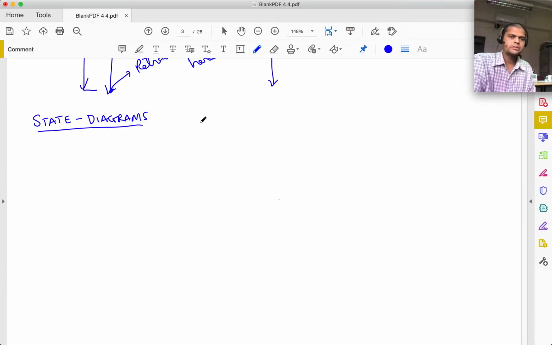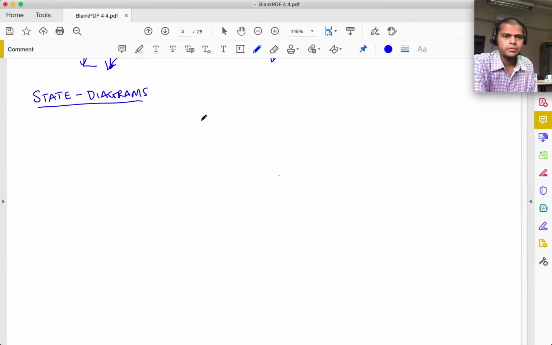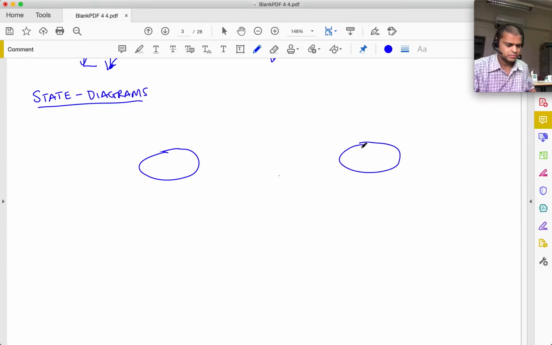So essentially when you talk about protocols and you design protocols, we represent them in the form of state diagrams and flowcharts. So let's look at what a state diagram would look like. So you would represent it as a set of states, and let's just take this example of a protocol which has 3 states.